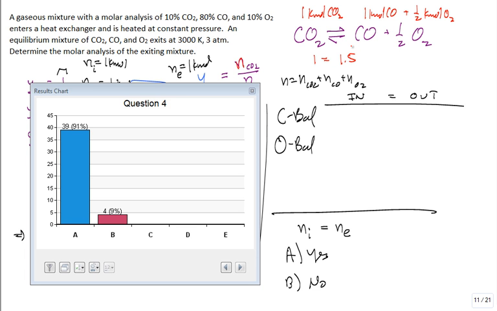Let's say I brought in no carbon dioxide, but I brought in 1 kilomole of CO, and I brought in 1/2 of a kilomole of O2. I brought them in, and it's a low temperature, and I wait for it to come to equilibrium, and all the O2s gobble up with the COs, and they all become happy CO2s.